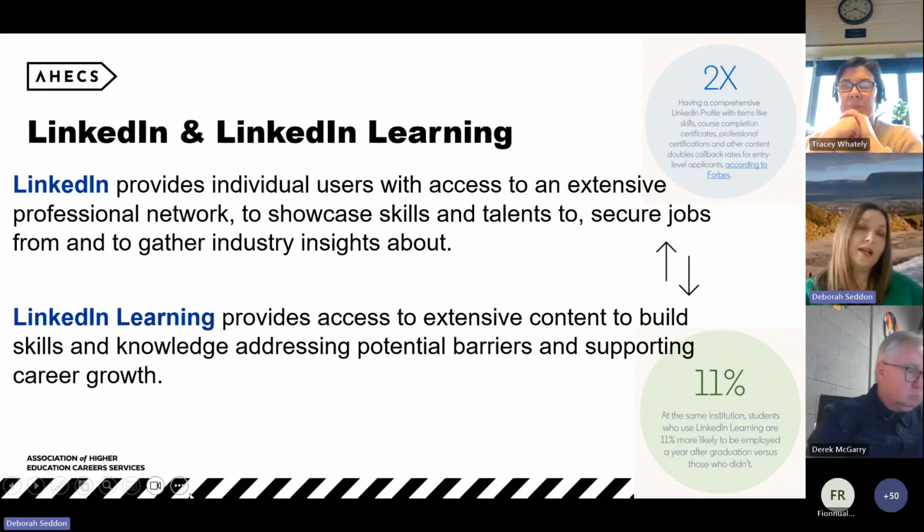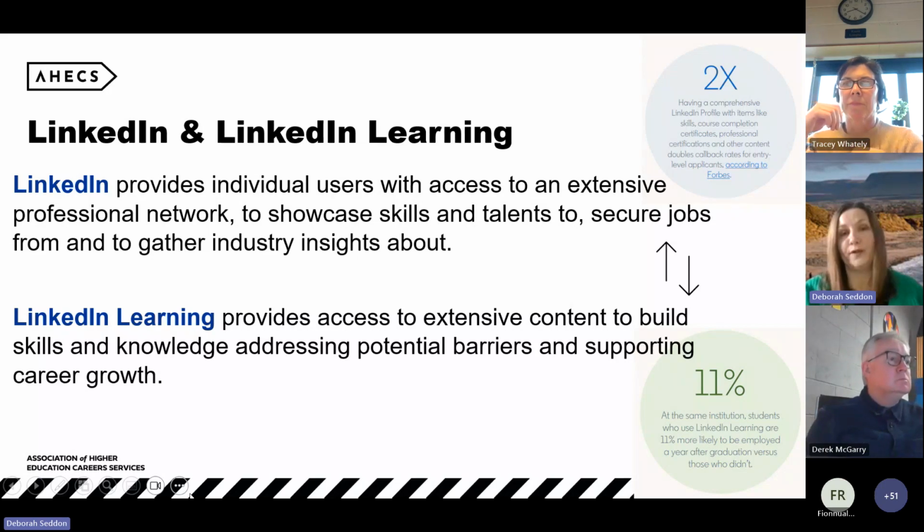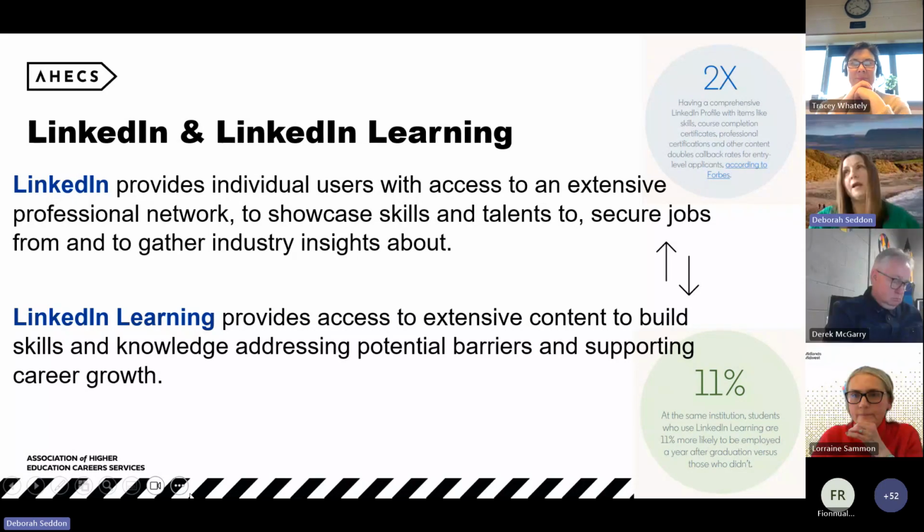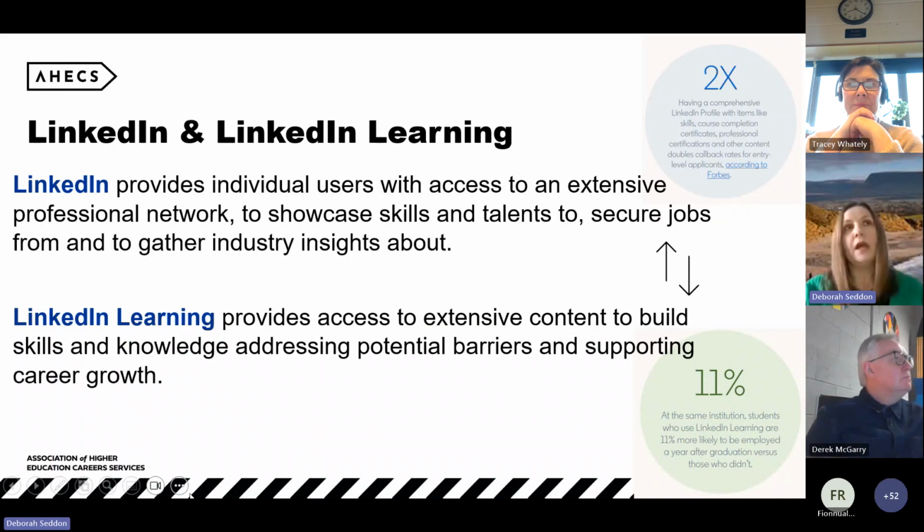But then when I deep dive into that and ask additional questions, I discover quite rapidly that it's not LinkedIn Learning that they've activated at all. They've set up a profile on LinkedIn. I don't think that is unique to students at ATU Sligo, but it definitely shows that we need to do a lot more work around raising awareness of LinkedIn Learning and LinkedIn as two separate resources, but also the relationship between the two.